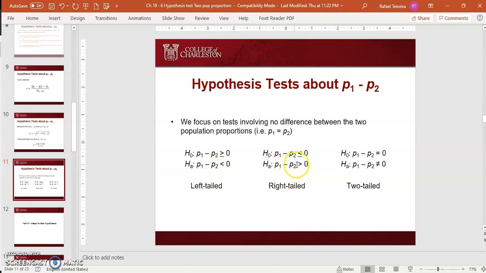If the difference is positive, then it is right tail. If the difference is only different than zero, then it is a two tail. Remember that I move this proportion to the other side of the equation to be able to understand that P1 is smaller than P2. So when I read the statement of the problem, it's easy for me to start this way and move to this hypothesis here, okay? And for each one of them.